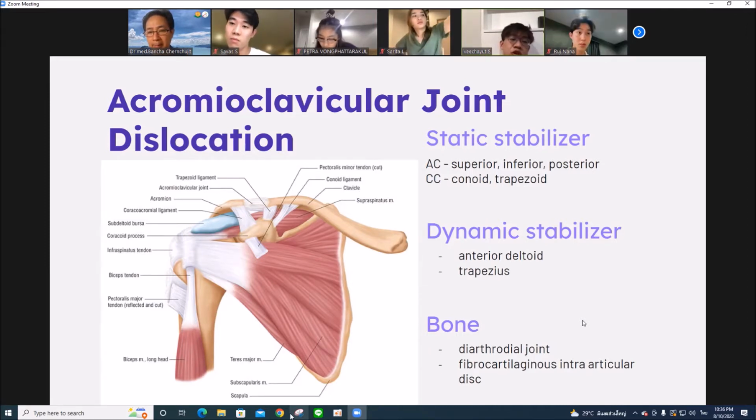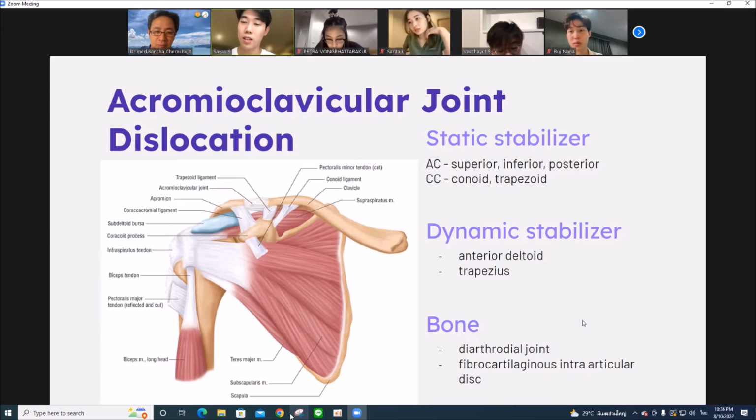It controls a lot of shoulder function. It helps stabilize the scapula. So the AC joint is connecting the clavicle to the whole scapula and the arm.